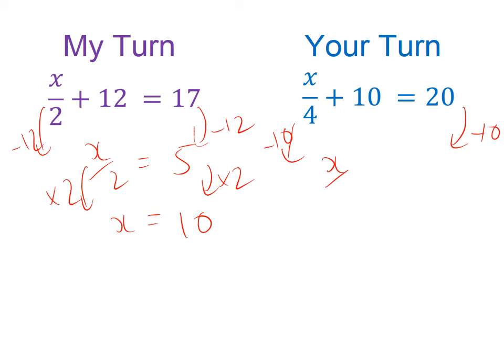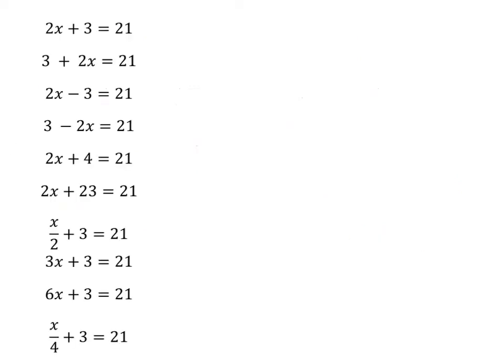That gives you x over 4 equals 10. The next thing we needed to do was multiply both sides by 4 to give us x equals 40.